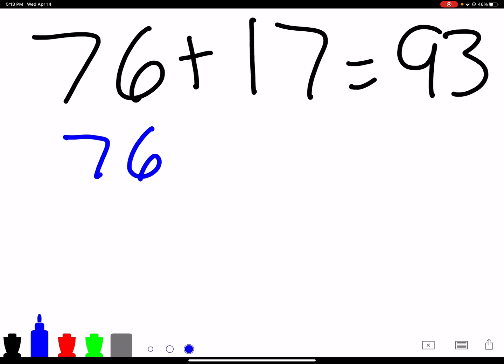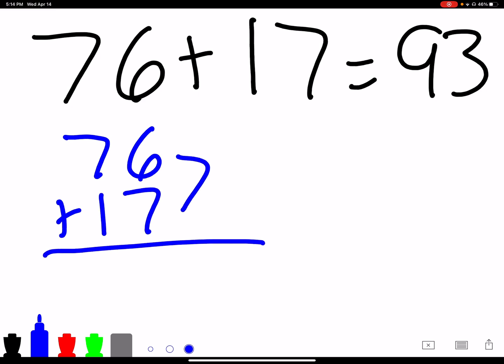So we have 76 plus 17. 6 plus 7 is 13. You keep the 3 in the ones place, and then you move the 1 to the tens place. Then 1 plus 7 is 8, and then 8 plus 1 is 9, so 93. And you can also solve it by doing addition on the number line too.